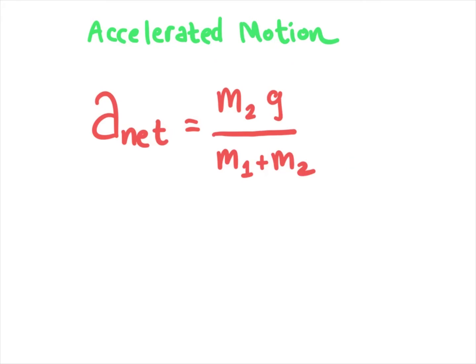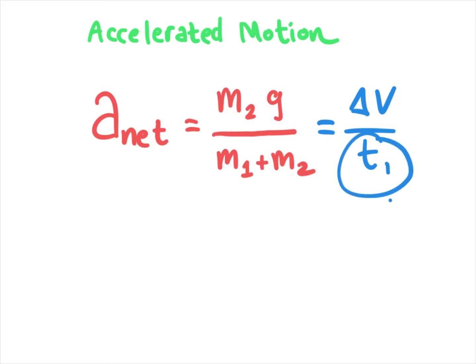Now remember, the acceleration of an object is also equal to the change in velocity that it experiences over some period of time. And if ultimately we're trying to determine the time it takes for mass m1 to go down the track, well then finding the time it takes for that first section is going to be important in order for us to determine the total time. But the problem here is that we now have two unknowns.